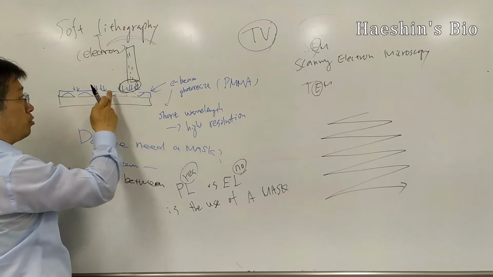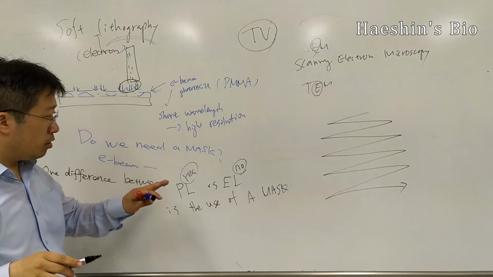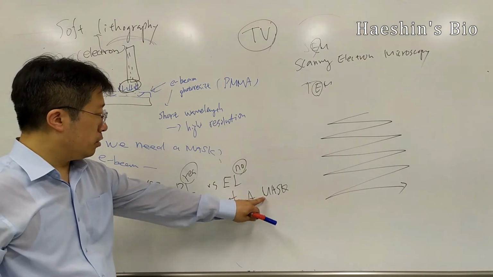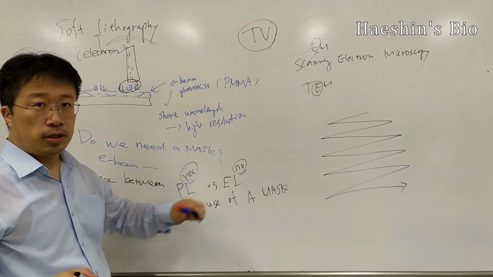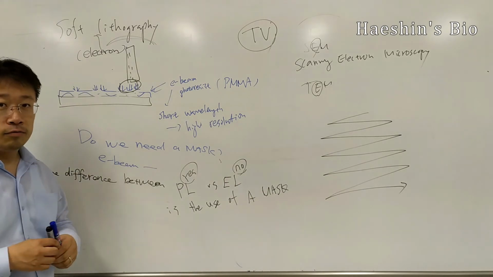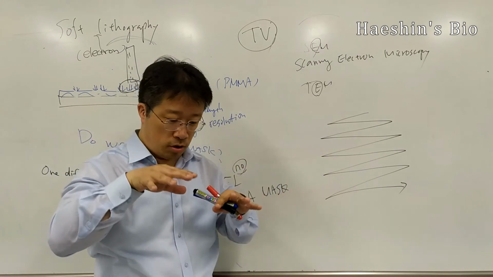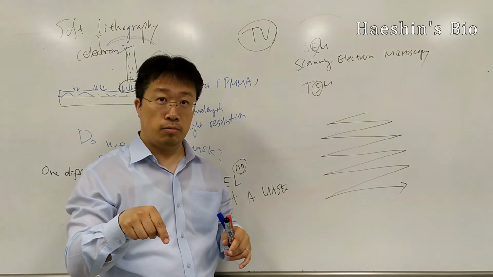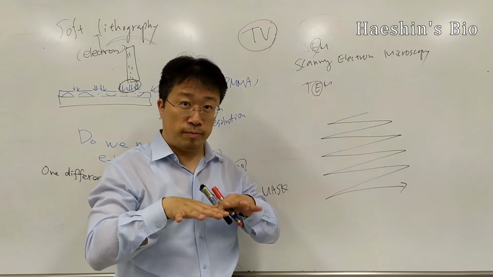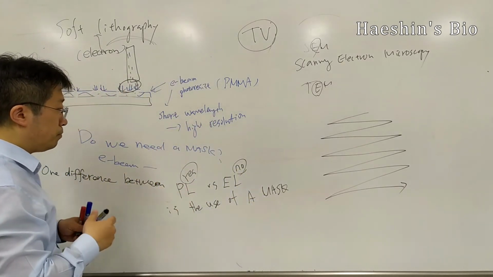You can control no, yes. So that's why, generally speaking, in electron lithography we don't need the mask. Photons, for example, the light you cannot control, right? You cannot tell the light to illuminate this part and not this part. So you cannot control it. That's why you have a mask. But electrons you can control. So that is a big difference.